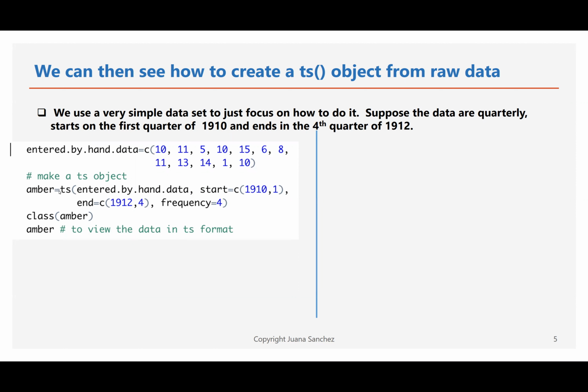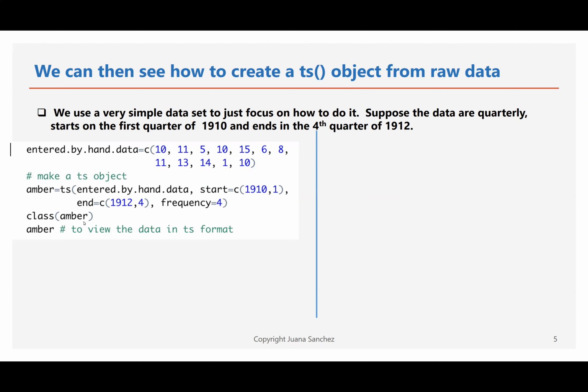So I call it Amber alerts. And I make it a TS object by using the TS function and saying, I want a TS object for the data that I just entered, starting in quarter 1 of 1910 and ending in quarter 4 of 1912, with frequency 4 so that we alert R to recognize that this is quarterly data.